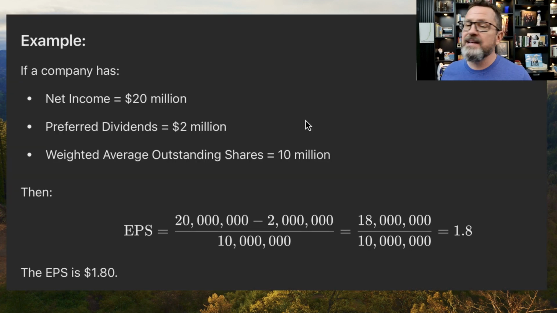If a company has a net income of $20 million, the preferred dividends are $2 million, and the weighted average outstanding shares is 10 million, then you could plug those numbers in and the earnings per share would be 20 million minus 2 million, which equals 18 million, divided by the weighted average outstanding shares of 10 million, and the answer computes to 1.8, or $1.80 in earnings per share.